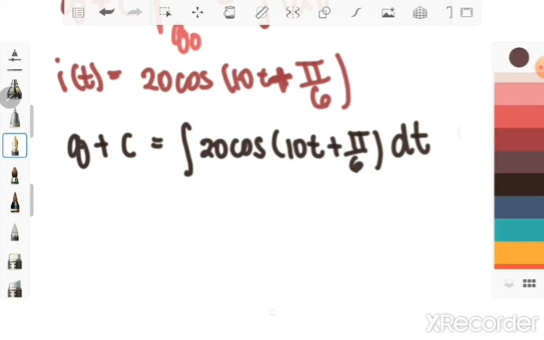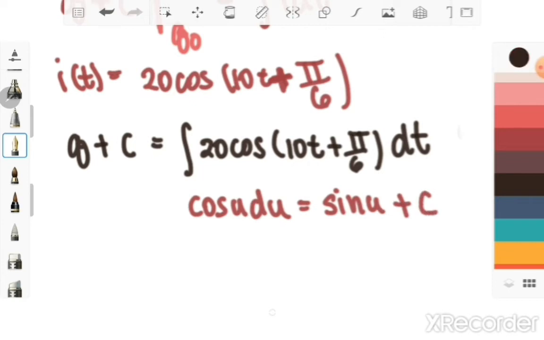We have your integral of cosine u du is equal to sine u plus c. But how will we turn this equation into this equation?